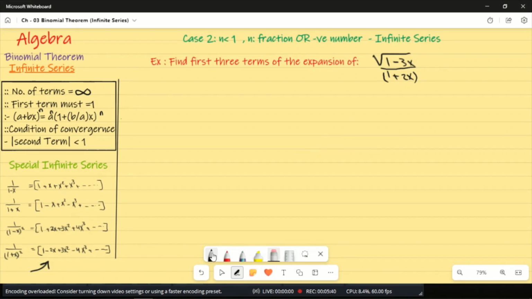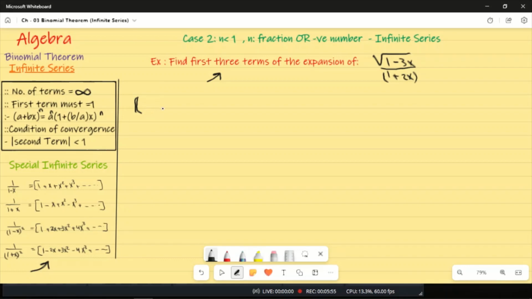Okay, so in the first expansion, we don't have to write four terms because we need only to find three terms.